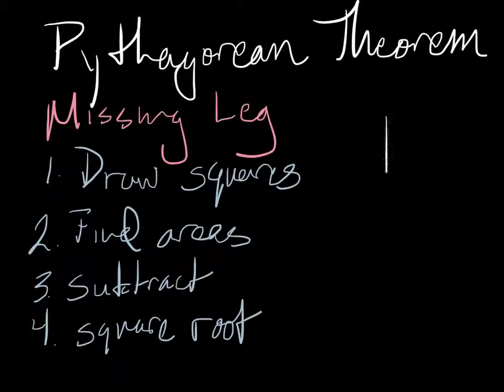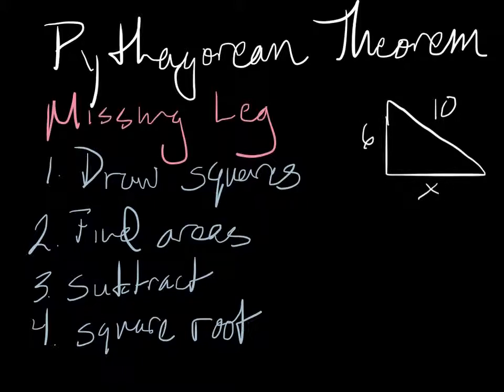In contrast, we might have a triangle that has a missing leg or a missing dimension, vertical or horizontal. For instance, if we had 10 here and 6 here, we would want to know what this length is here.